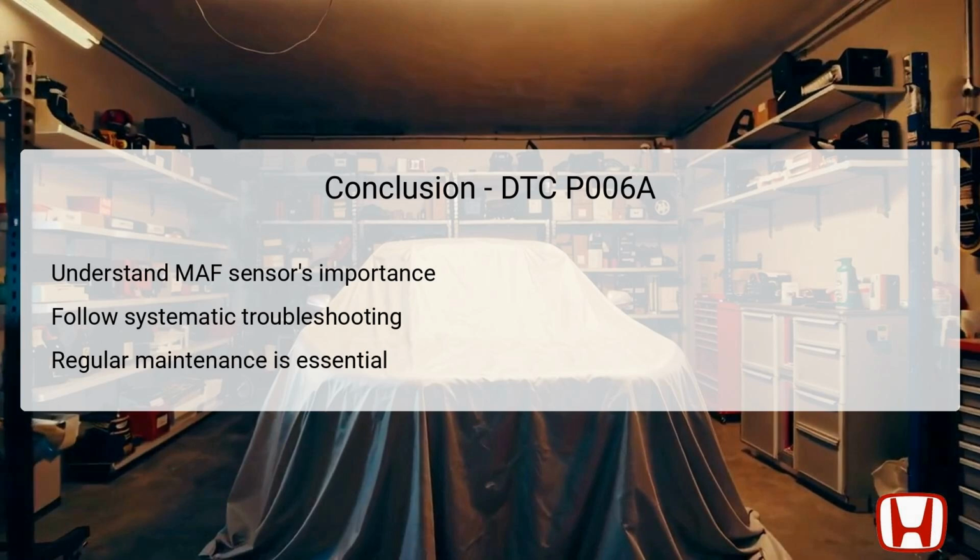By following a systematic troubleshooting approach, including checking connections, inspecting components, and verifying sensor functionality, you can effectively identify and solve the issue at hand. Regular maintenance, including inspections of air filters and sensors, is vital to prevent similar problems in the future. A proactive approach ensures a reliable and efficient driving experience with your Honda Civic.